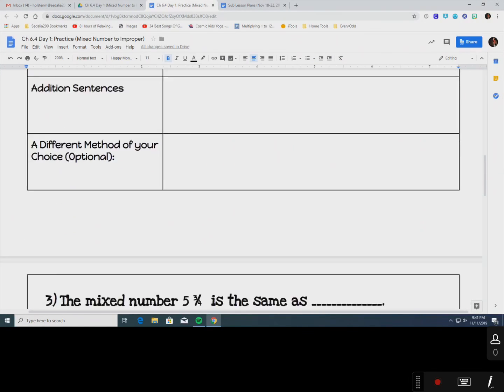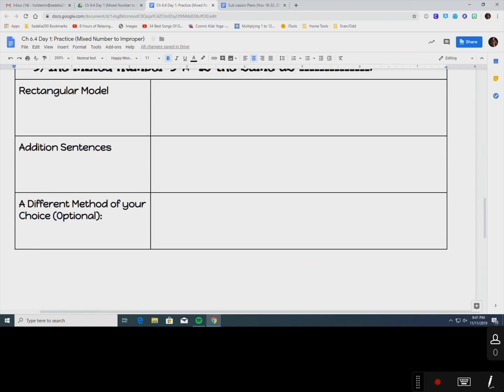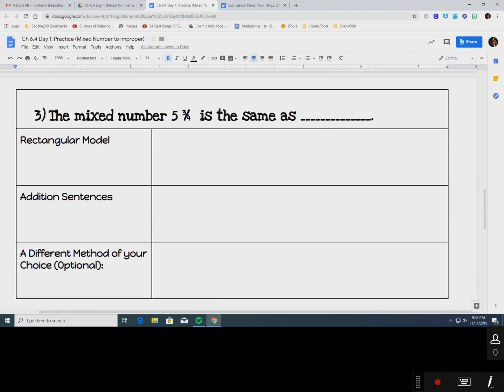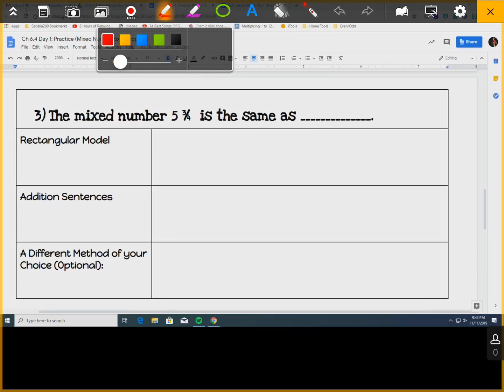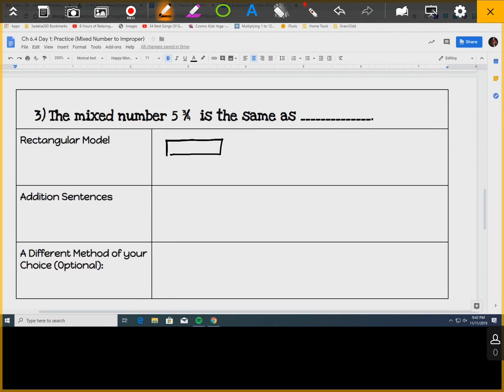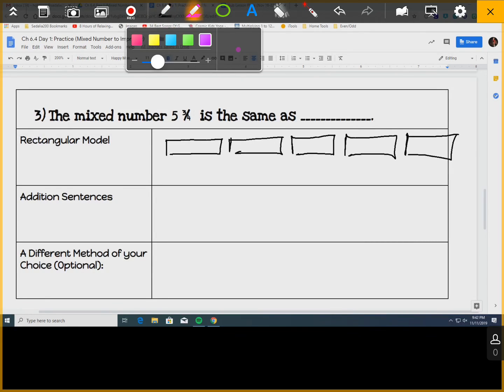Let's look at our last problem, problem number 3. The mixed number 5 3/4. Starting with the whole number of 5, I'm going to start with 5 wholes. Now in my mixed number, I'm going to look at my fraction part and see that my fraction is cut into fourths.